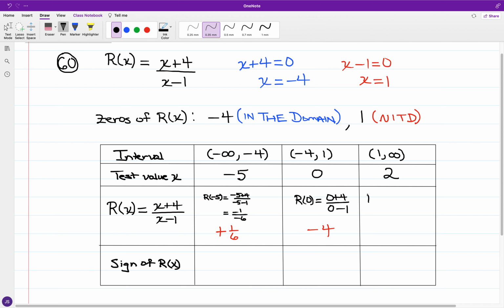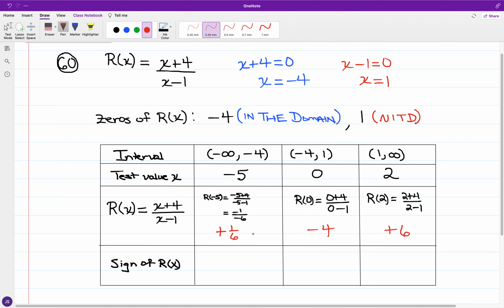As for r of 2, just plugging in, we have 2 plus 4 over 2 minus 1. 2 plus 4 is 6, 2 minus 1 is 1, and we have a 6 to 1 ratio. So this is going to go to positive 6.